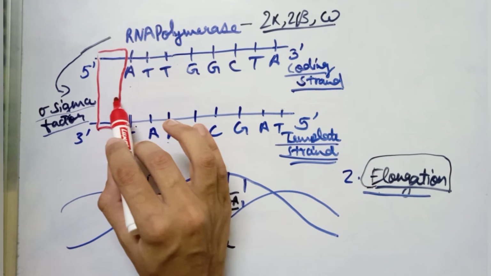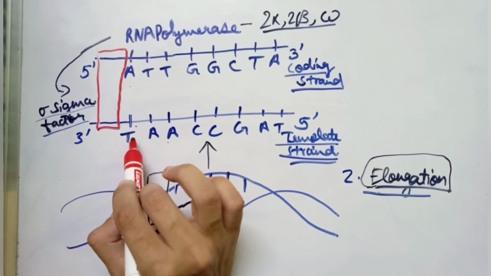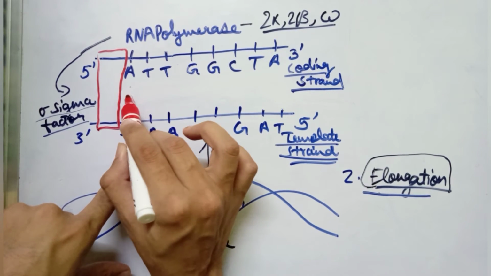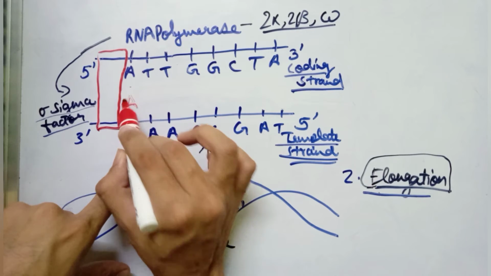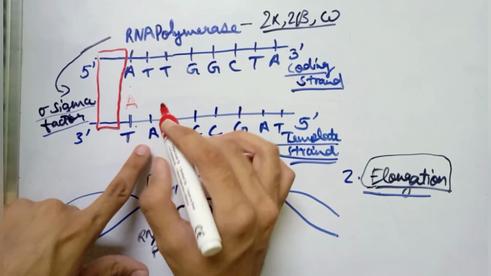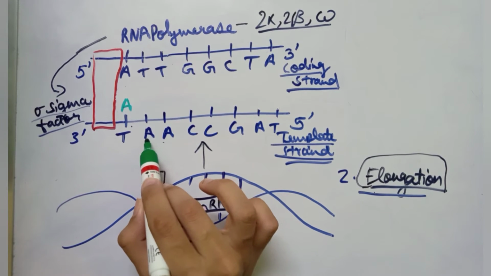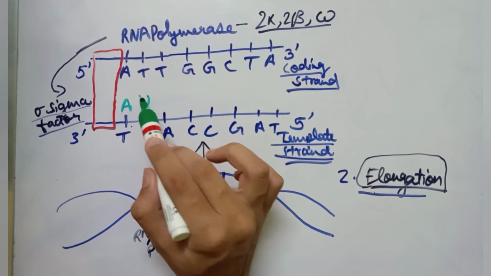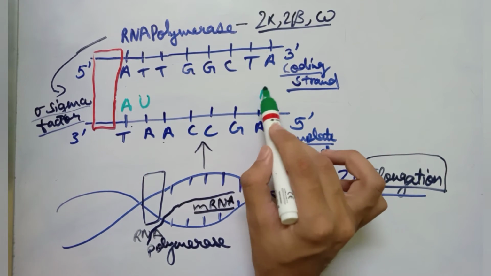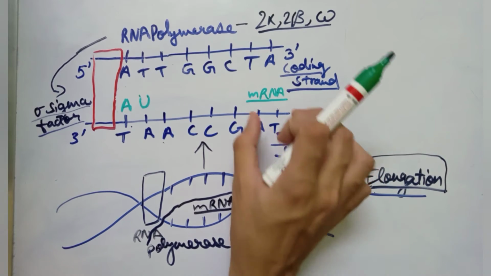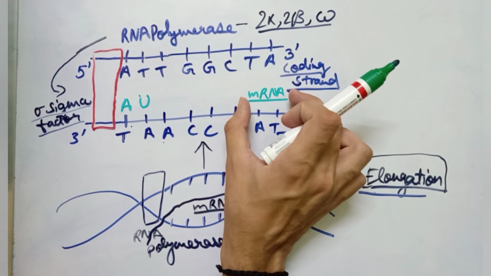So this will come here and it will see this thymine, and it will simply start to code the adenine here, because adenine is always attached to the thymine. And if we see the second base, adenine, here uracil will come, because this is an mRNA molecule. So we are transcribing or making a copy of RNA.